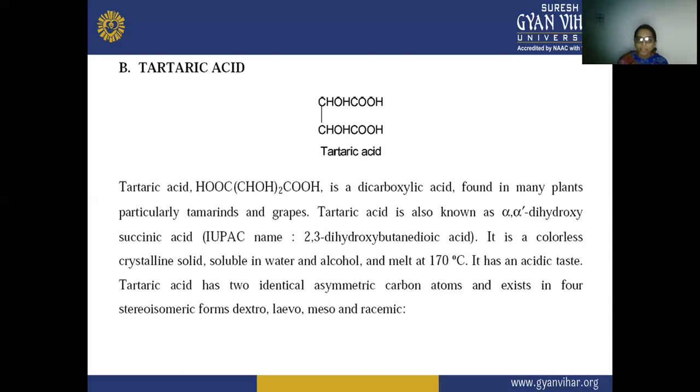Because both carbons are bonded to four different groups, or you can say atoms. So tartaric acid is a dicarboxylic acid that is found in many plants, that is tamarind and grapes, and it is also known as alpha, alpha-dihydroxysuccinic acid, and it is a white, colorless crystalline solid, soluble in water and alcohol, and it melts at 170 degrees. It has an acidic taste, and it has two identical asymmetric carbon atoms that exist in four stereoisomeric forms: dextro, levo, meso, and racemic.